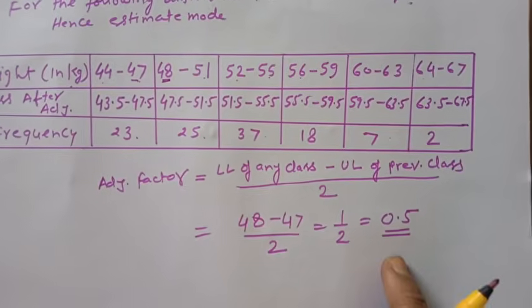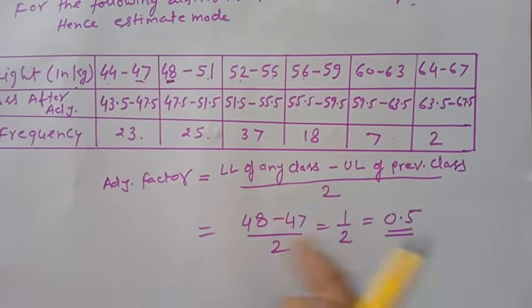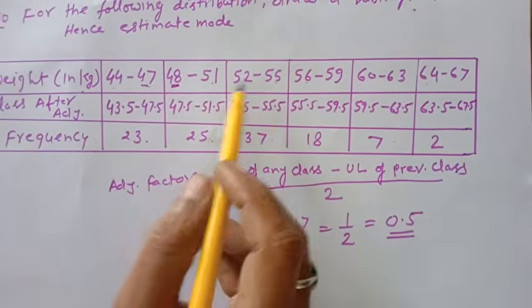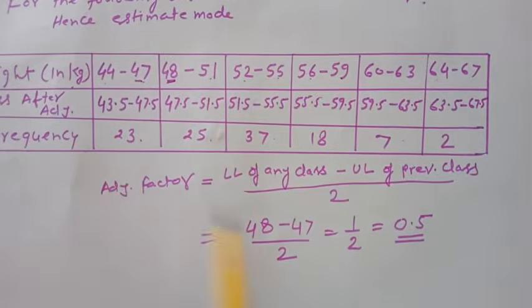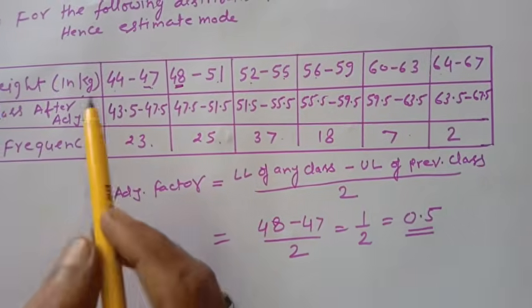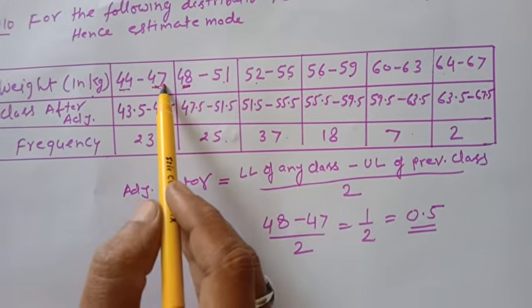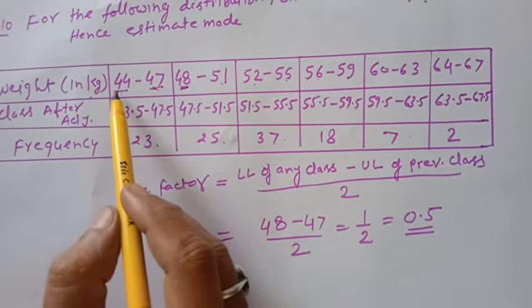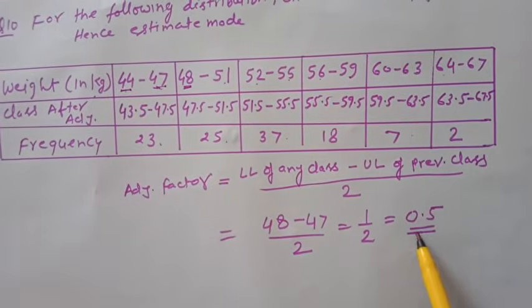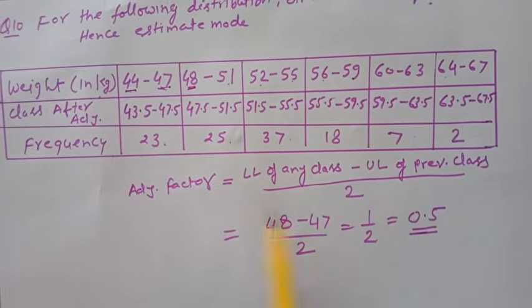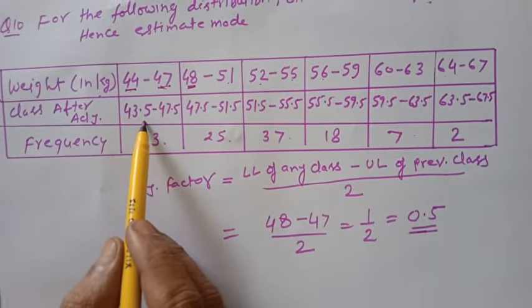This is our adjustment factor. Now we will use this adjustment factor to change this inclusive form into exclusive. So what we do, the adjustment factor will be subtracted from the lower limit and added to the upper limit. So here 44 minus 0.5, we get 43.5.